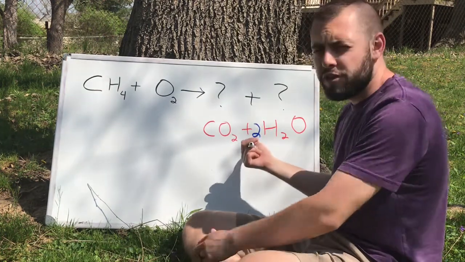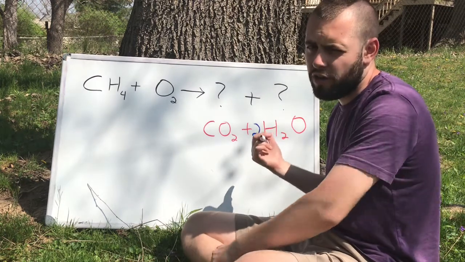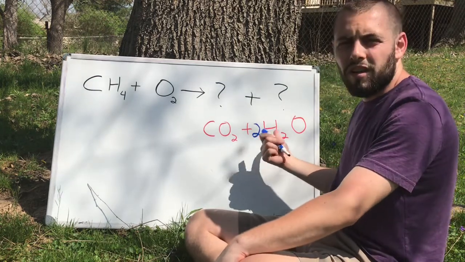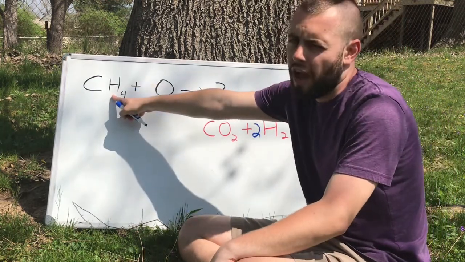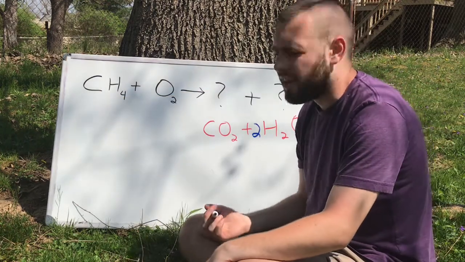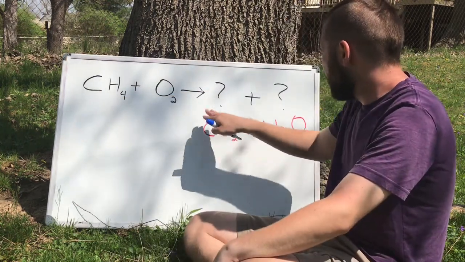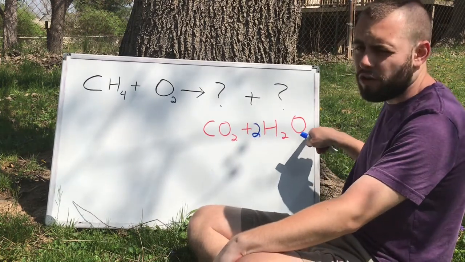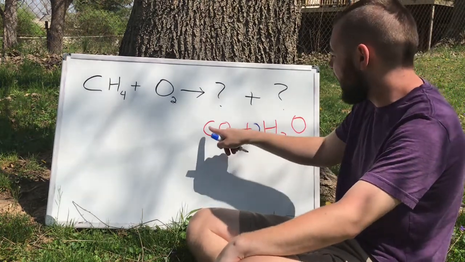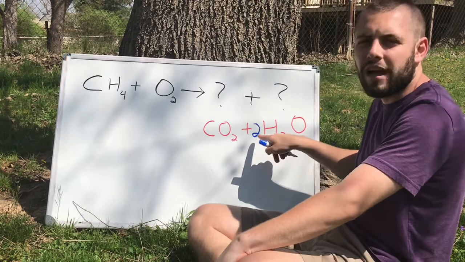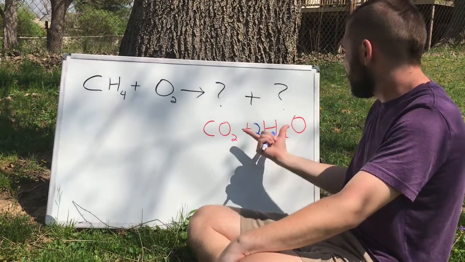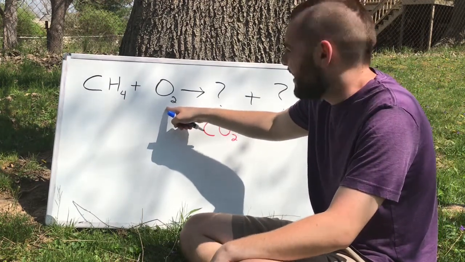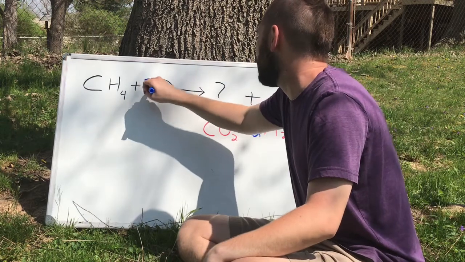If I'm producing 2 molecules of water in every iteration of this reaction, that's going to balance out. 4 hydrogens. 4 hydrogens. Finally, I'll look at the oxygen. On my product side, I've got 1, 2, 3, 4 oxygens. 2 from the carbon dioxide, 2 from the water, because I've got 2 molecules of water, for a total of 4. Right now I've only got 2 on the reactant side. To make it even, I'm going to put a coefficient of 2 here as well.